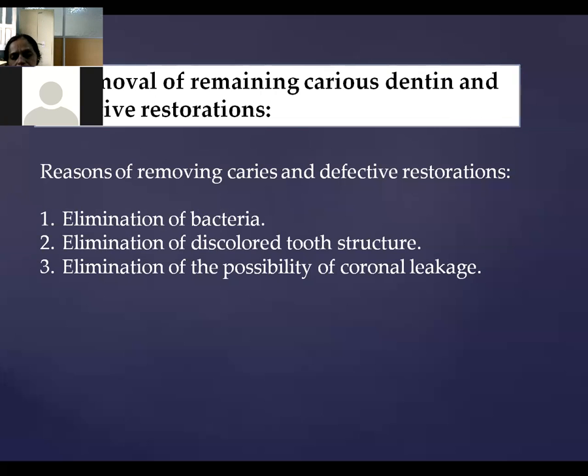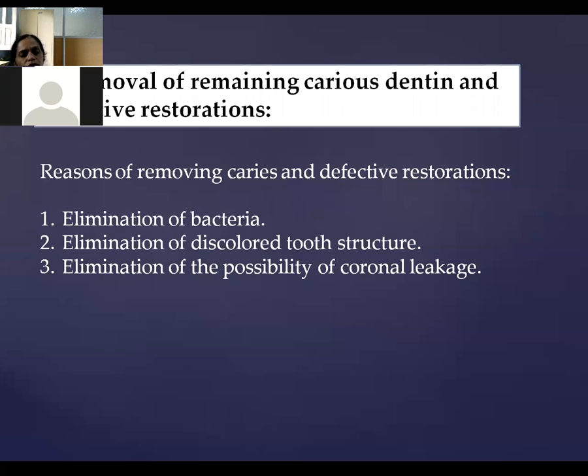What will happen? The silver amalgam will block the canal orifices and you are not able to negotiate the canal properly. So first of all, you have to remove all defective restoration, because it may fracture during the instrumentation of the pulp chamber and of the root canal.